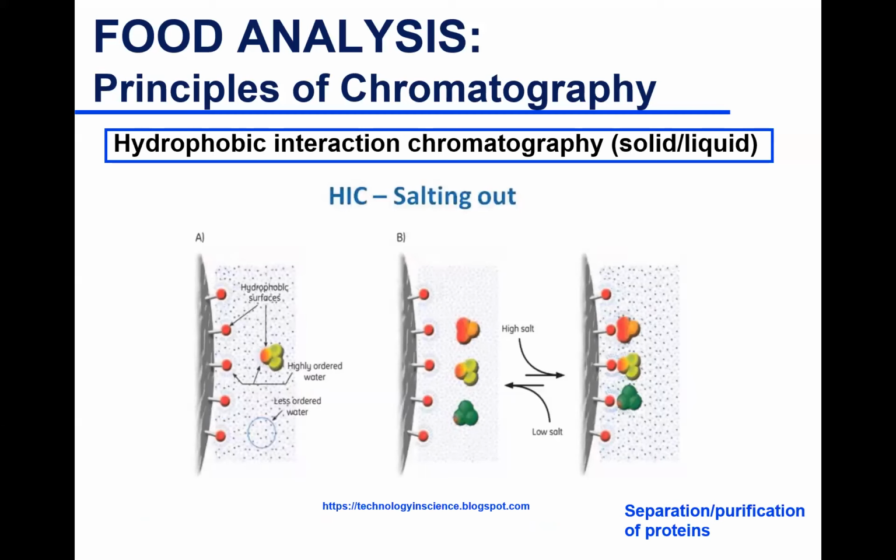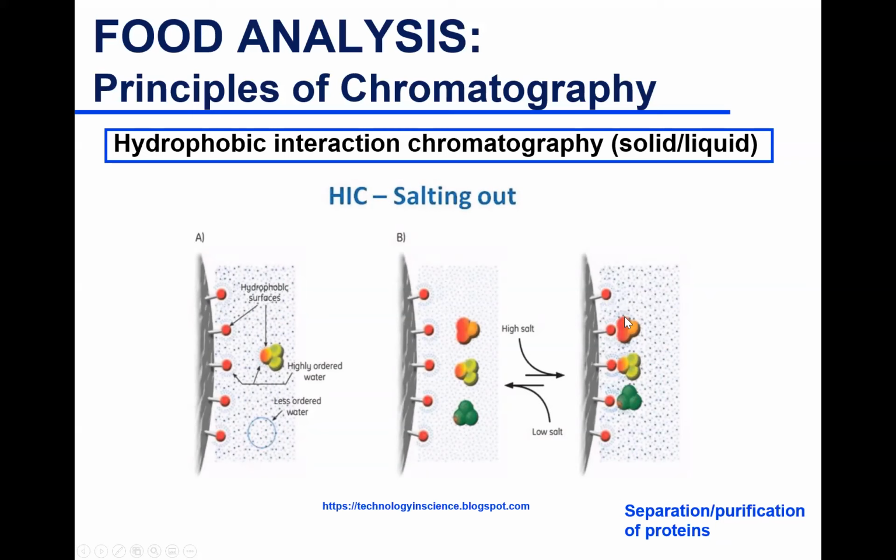So this is an illustration of how that happens. When you have high salt concentration, I'm going to point with my mouse. So here your protein hydrophobic surface is interacting with the hydrophobic ligand on the stationary phase, because you have high salt concentration, so the charges are shielded, so you have interaction going on.